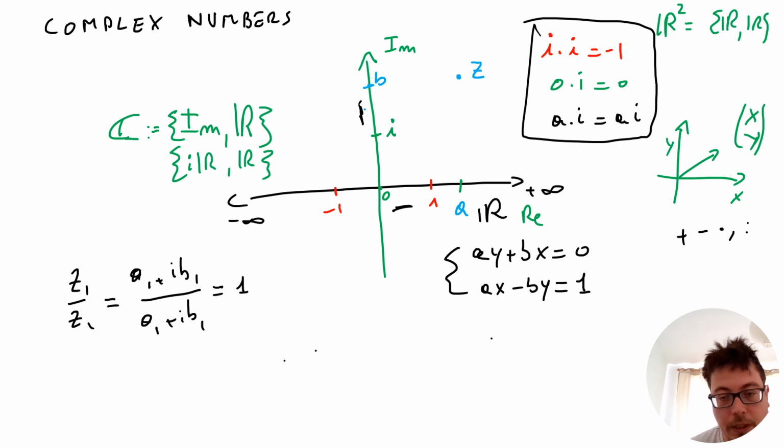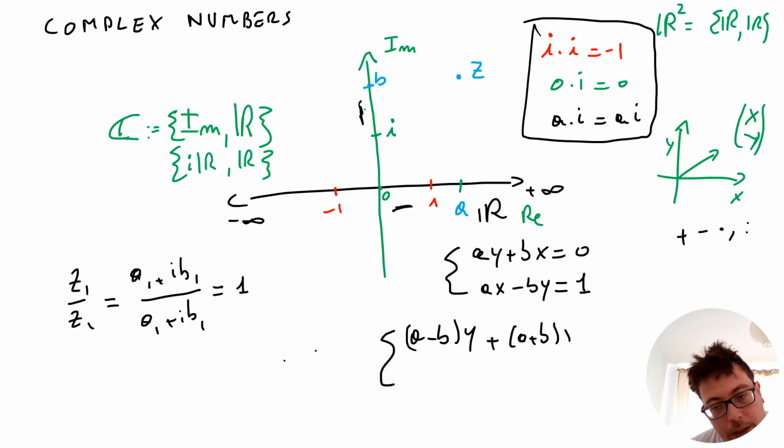So we can sum the two conditions, and we have that (a minus b) times y plus (a plus b) times x is equal to 1.